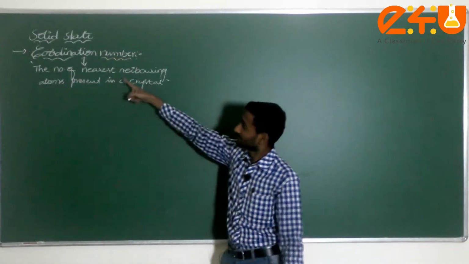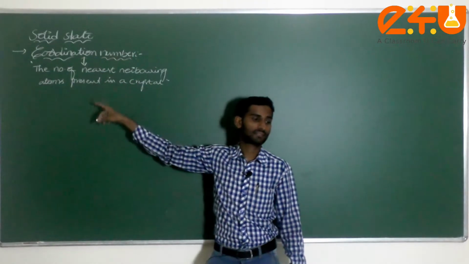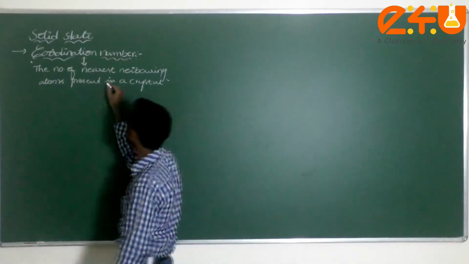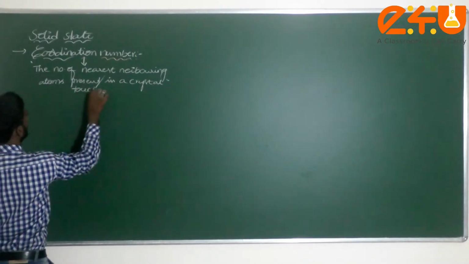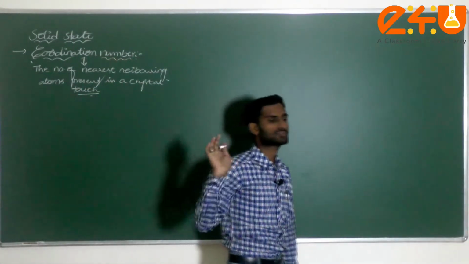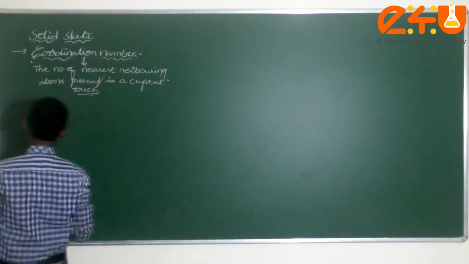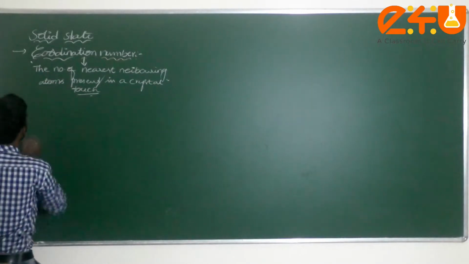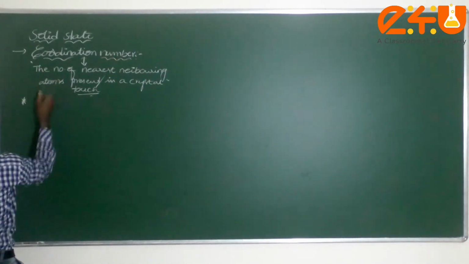Dear students, the number of nearest neighboring atoms that are present, or we can write, that touch other atoms, that is known as the coordination number. First of all we are going to take the types of coordination number.